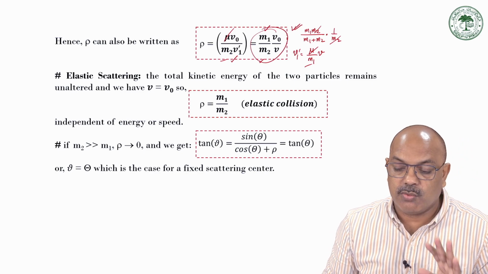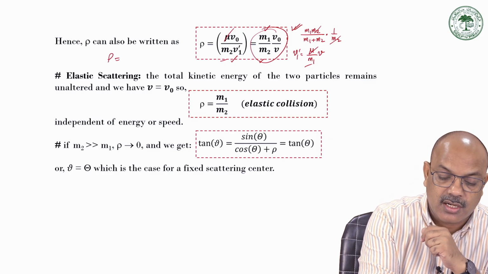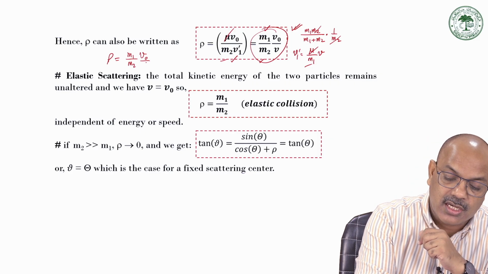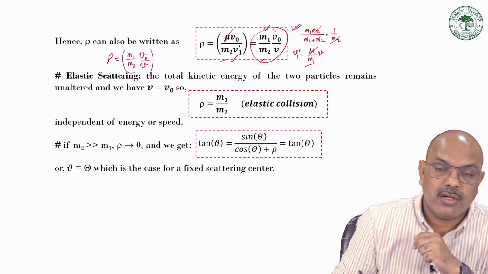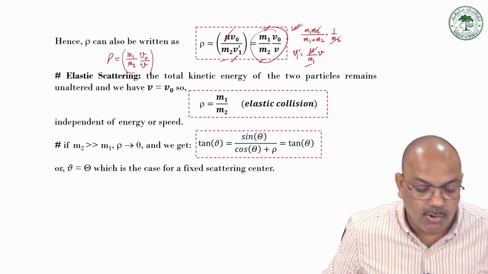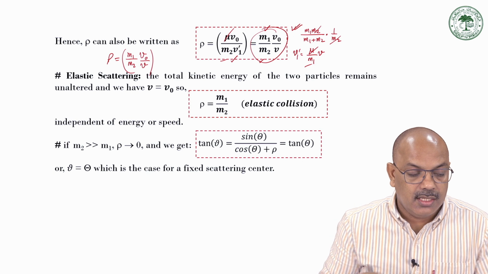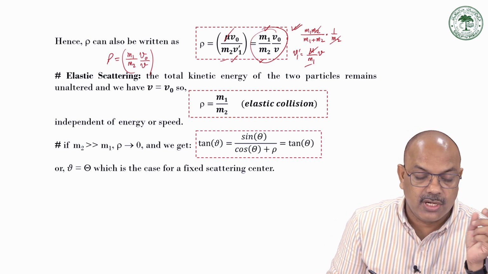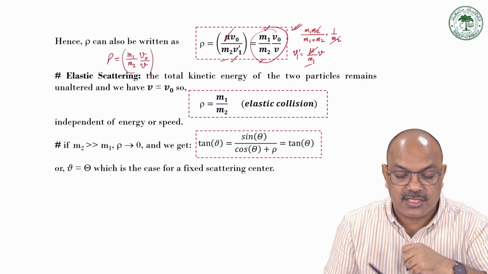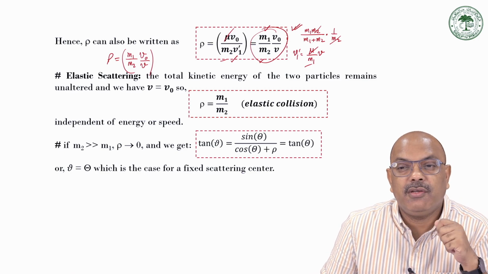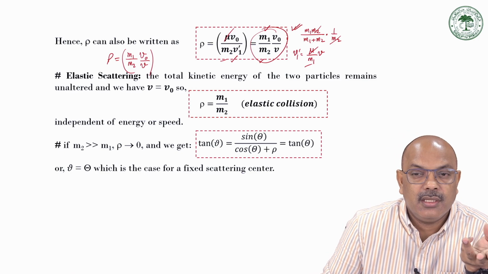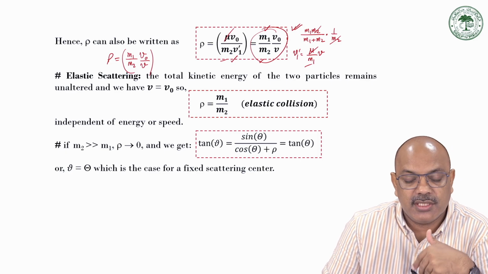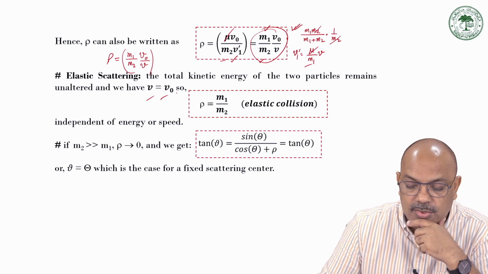So now this is one relation. This rho is clear cut, in terms of the ratio of m1 and m2, and the relative velocity before and after the collision of particle 1. Then the condition for elastic scattering: if the scattering is elastic, the total kinetic energy of the two particles remains unaltered. So the V after the scattering and before the scattering is going to be the same.